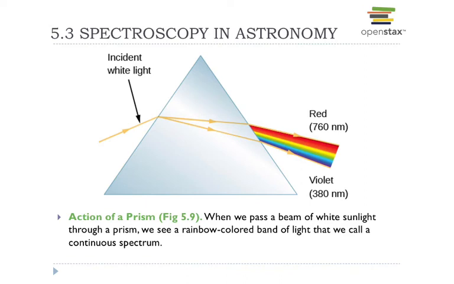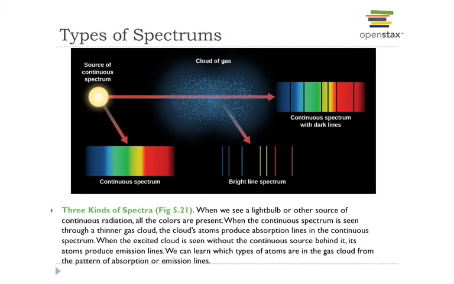So looking at the entire spectra now, what we see is that there are 3 different types of spectra when we collect light. If you pass light through a prism, it'll break it up. That white light will break up into visible light, so all the colors of the rainbow, so to speak. And they will make a continuous spectrum. But when we observe objects in space, we don't always see that continuous spectrum.